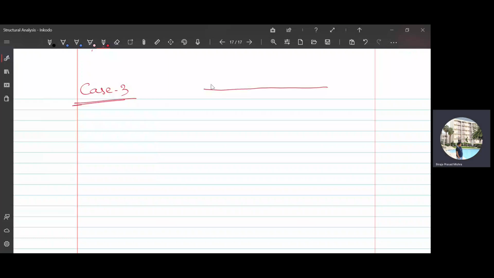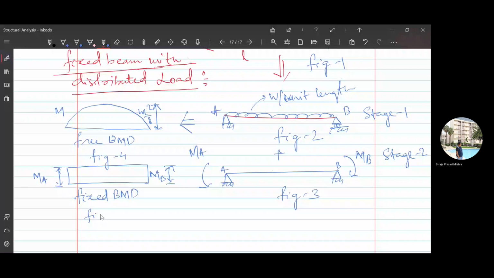Now, if we combine these two bending moment diagrams, what will be our net bending moment diagram?